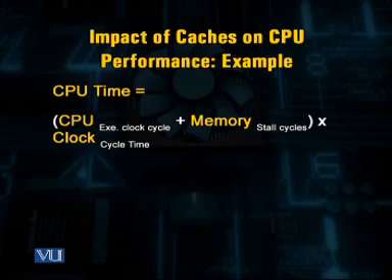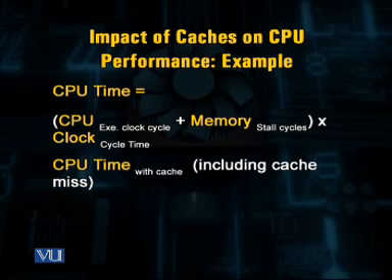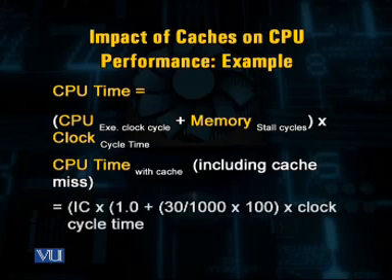Now, substituting the values given in this example, we can find that the CPU time with cache, which includes the cache misses, is equal to the instruction count multiplied by 30 divided by 1000, which is in fact the number of cache misses per 1000 instructions, multiplied by 100, which is the cache miss penalty, and the whole multiplied by clock cycle time.